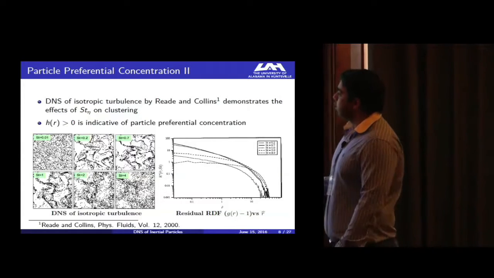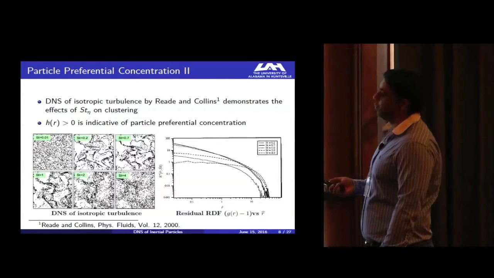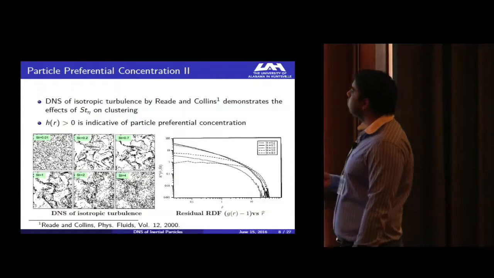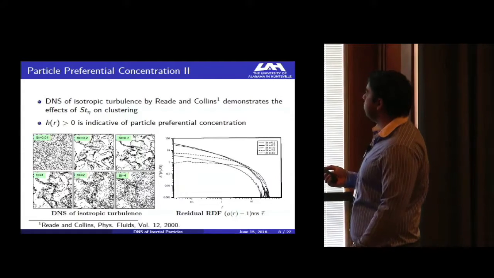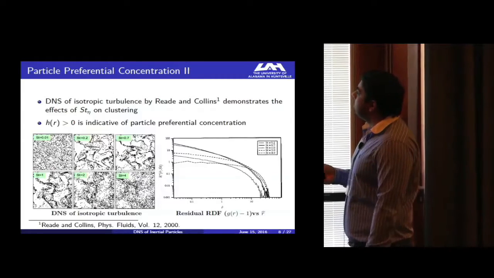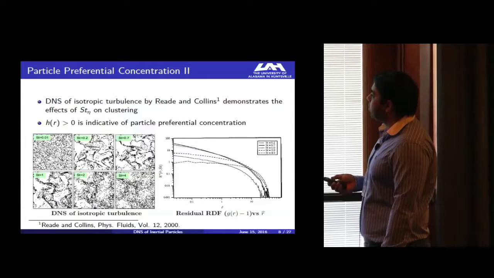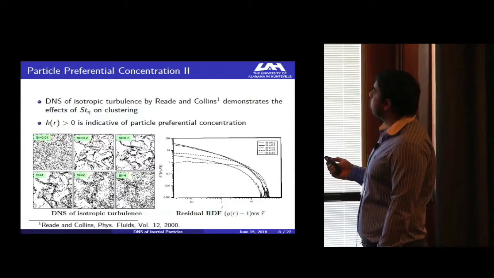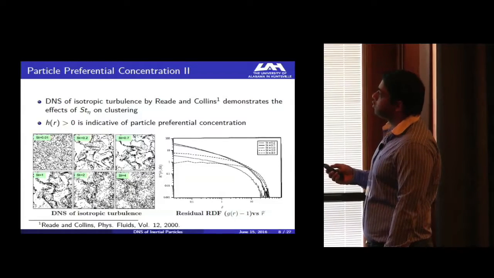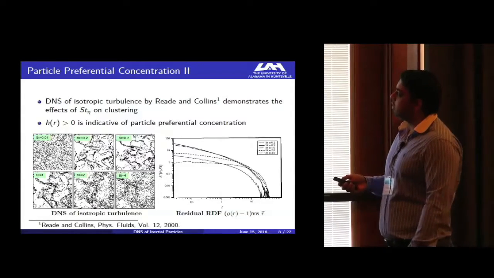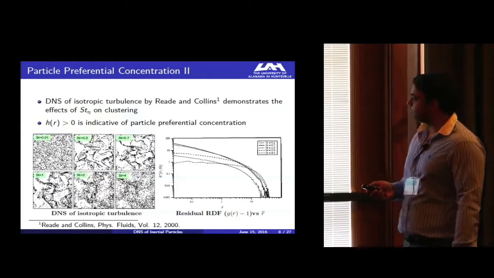So here they are showing the residual RDF as a function of pair separation r. And here they are showing 5 Stokes numbers, and we can see that the preferential concentration at small pair separation is maximum for Stokes number 0.7, and it decreases as we further increase the Stokes number, which is exactly shown in this diagram as well.